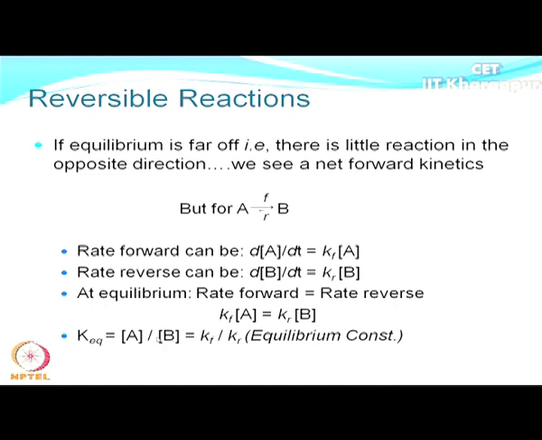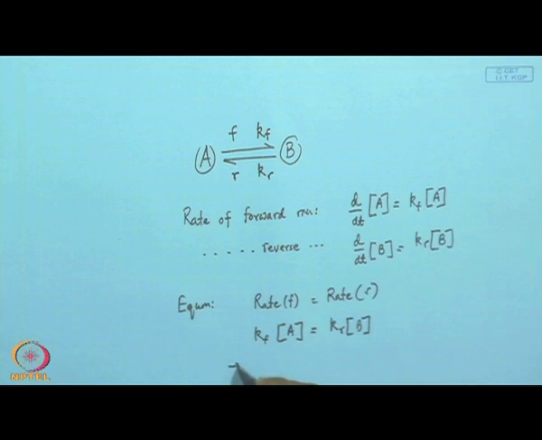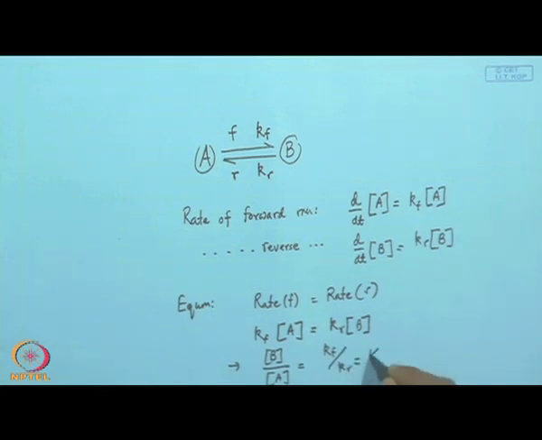So, let me do it here: concentration of B divided by concentration of A is equal to Kf by Kr, which is equal to K equilibrium, the concentration equilibrium constant, of course at a given temperature, because it is very much sensitive to temperature.